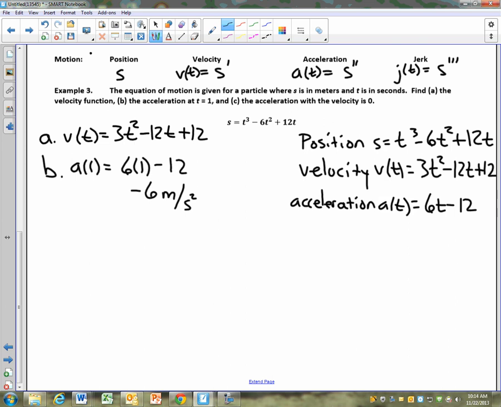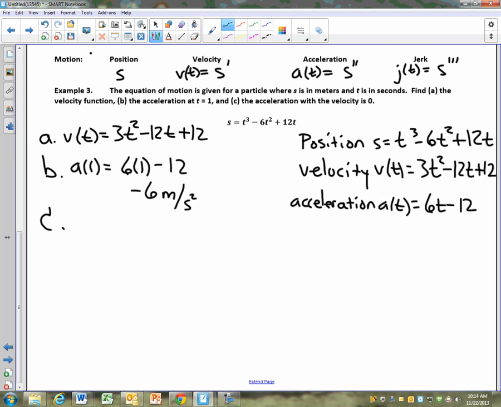I think that's the label. Meters per second per second. If you did meters per second, you would multiply by the reciprocal and you get the s squared on the bottom.